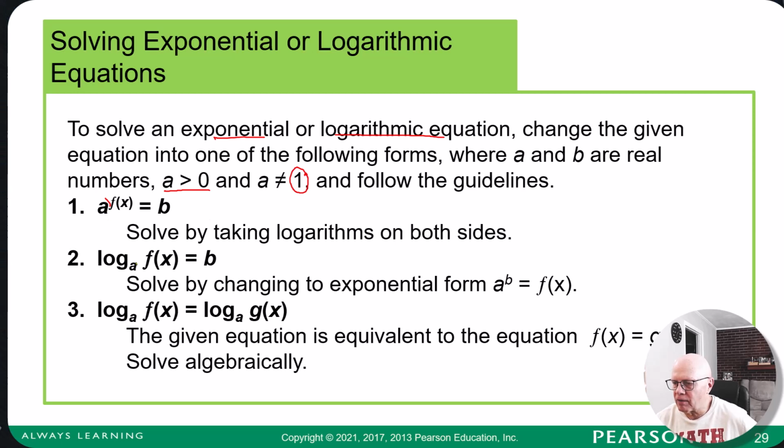So the logarithm to the base a of a to a power is just the argument itself, f of x. And on the other side, just log base a of b. So you can change it to exponential format. A is the base. Remember, it always starts with a base. A to the b power equals f of x.